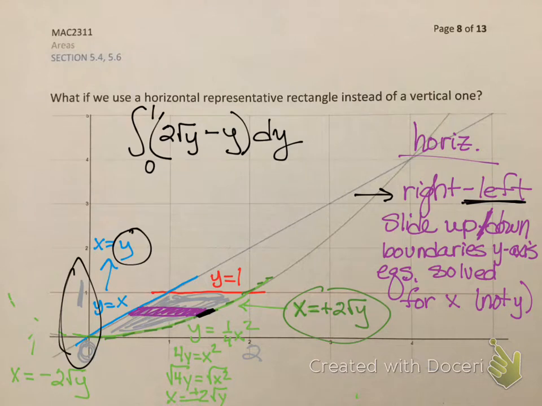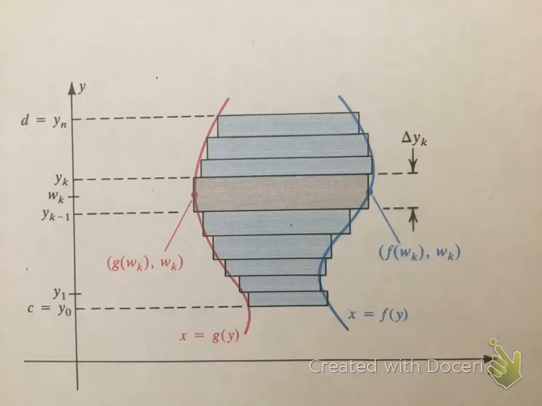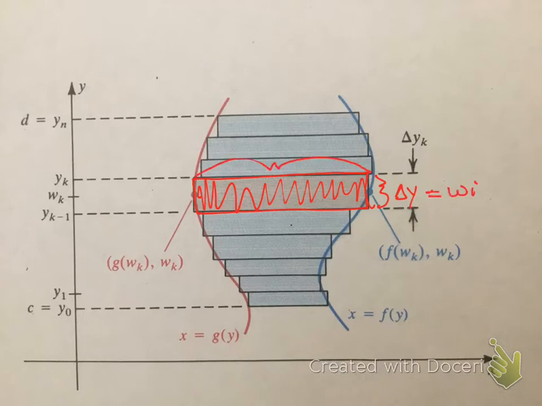But first of all, let's look at this. Let's use a different color. Let's look at my transparency here. Let's put in a representative rectangle that's horizontal. Guys, this right here now is my change in y. This, which is my width. This is my length.